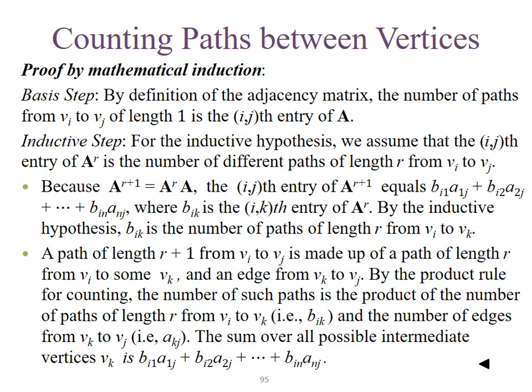All right, lastly is the proof for counting paths between vertices: why we can apply the adjacency matrix to the power of R to indicate the number of paths of length R. Maybe I just leave this proof for you, because if we prove it by mathematical induction, it will be very, very easy if you can apply the counting rules when we have A to the power of R plus 1.